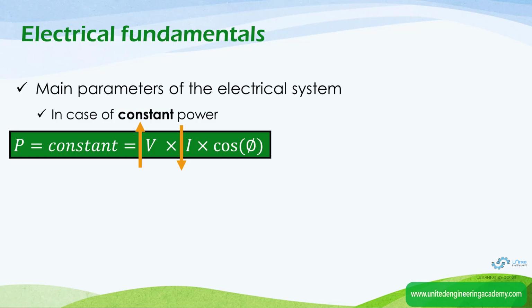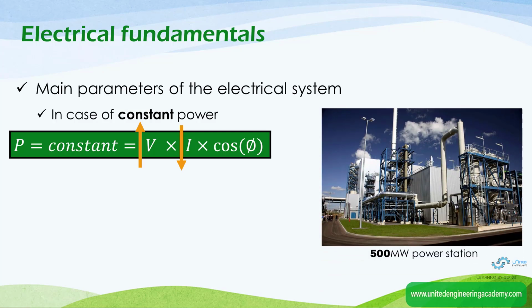This is the case when we are talking about the power source itself, as a power source usually has a constant value of power. Suppose we have a power station that produces a constant power of 500 megawatts. If we transmit this power at a high voltage of 220 kilovolts, the current transmitted will be 2.2 kiloampere, which is a small value.